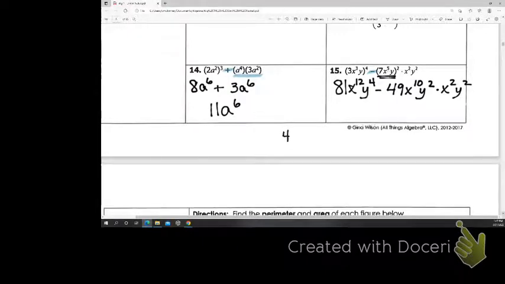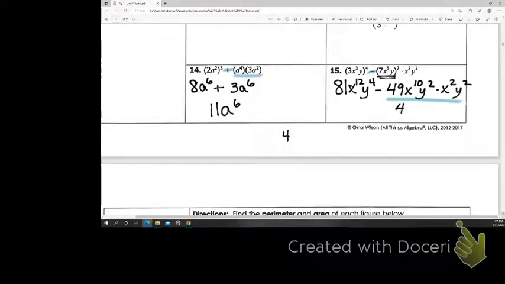And then next, I need to put this stuff together before I try to combine. For one thing, it's not like terms, but even if it looked like it was like terms now, I can't jump to that until I put these together.